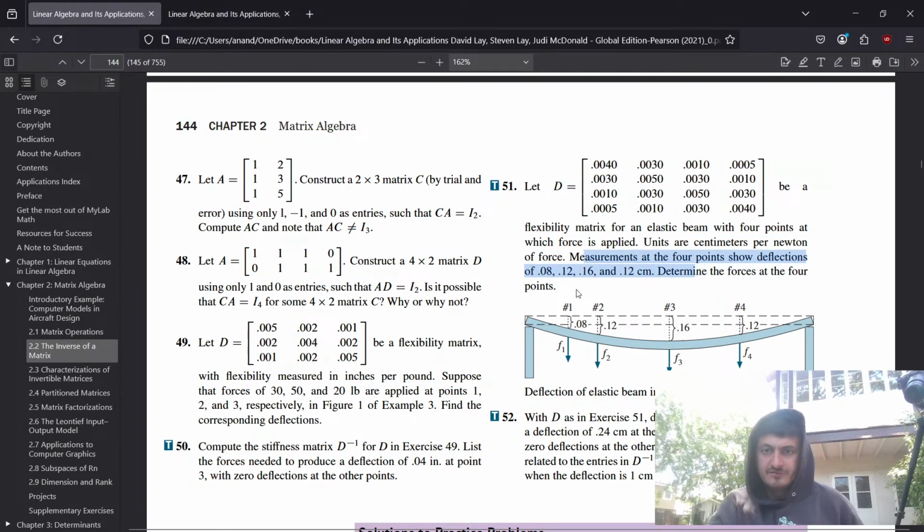Measurements of the 4 points show deflections of that much. Determine the forces. So yeah, 51 is really good because it requires you invert it and then you solve it, but it's a real problem. With D as in, so determine the forces that produce. All right, and we'll do 52.